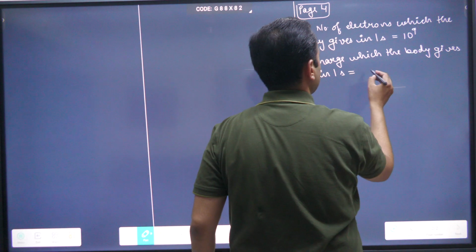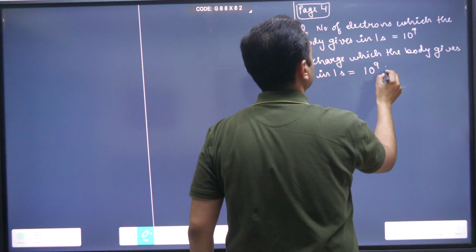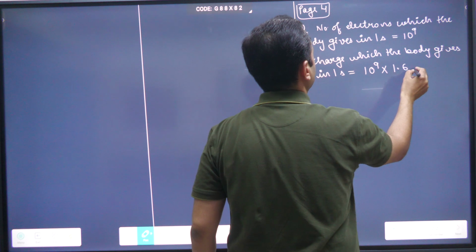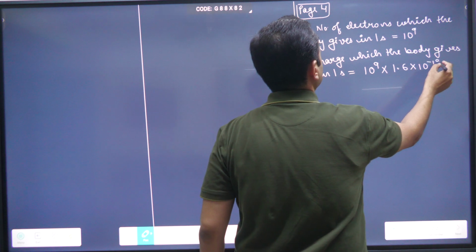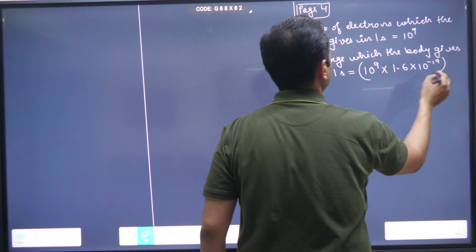So 10 to the power 9 electrons will have a charge of 10 to the power 9 into 1.6 into 10 to the power minus 19 coulomb.